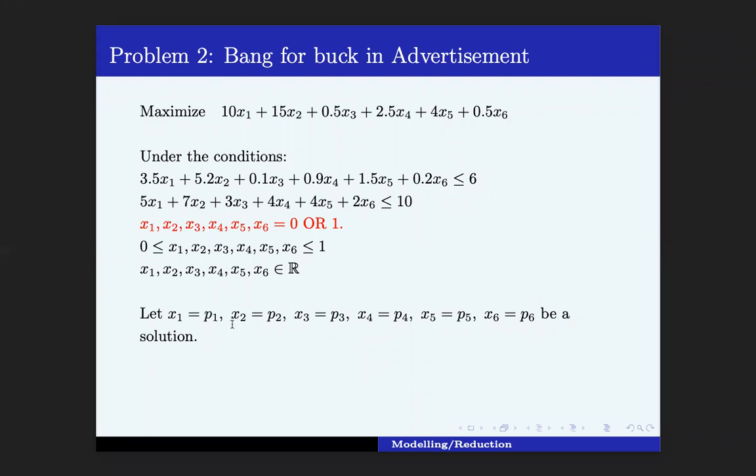Okay, one option is to say that, okay, let's do this expectation. Let's think of this variable to be 1 with probability P1. And now once we have that, you take x1 equals 1 with probability P1, x2 equals 1 with probability P2, and so on and so forth. You have an assignment of x1 to x6 of 0 and 1.